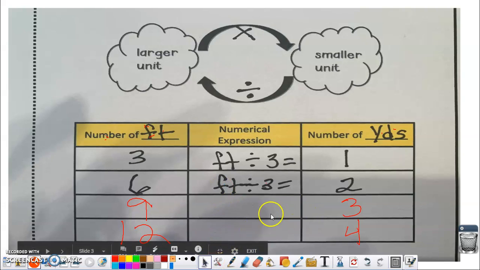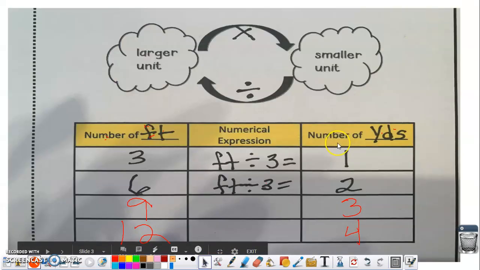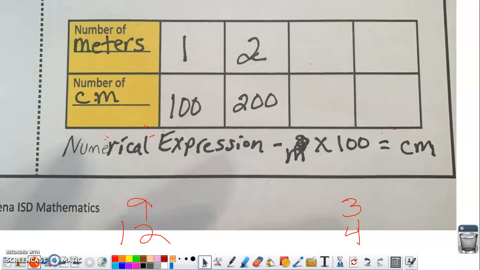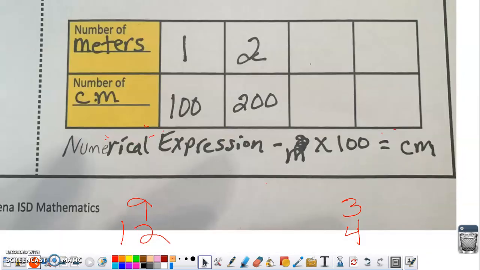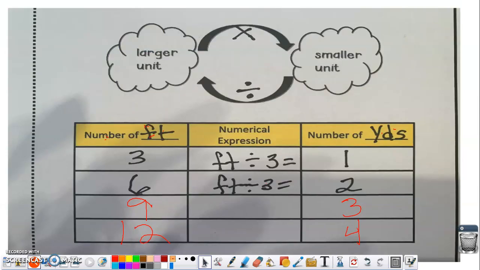So the numerical expression from feet to yards is 6 feet divided by 3 equals 2. 9 feet divided by 3 equals 3. 12 feet divided by 3 equals 4. So you see how that works? But I can also go backwards because multiplication and division are backwards operations of each other.